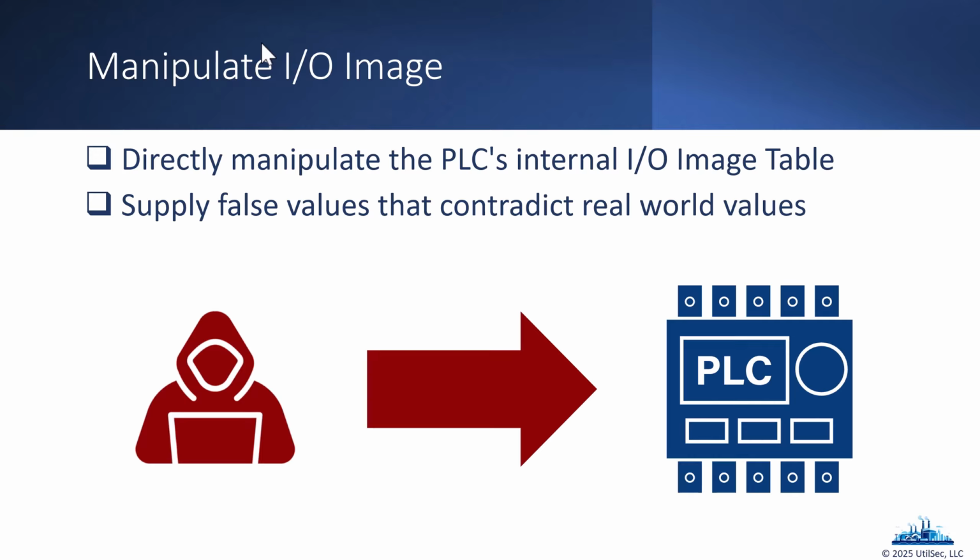And then the outputs are those physically wired channels that we use to send signals to equipment in the real world. And so when we talk about manipulating I/O image, what we're talking about is connecting to the PLC and making changes to the data that reflects the state of those inputs and those outputs in memory.